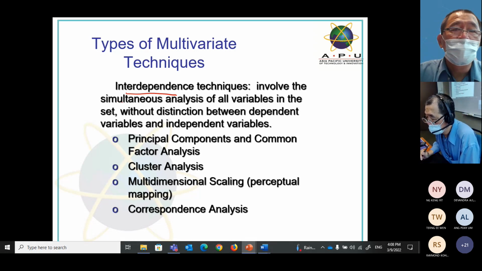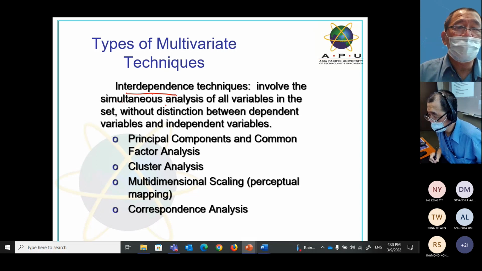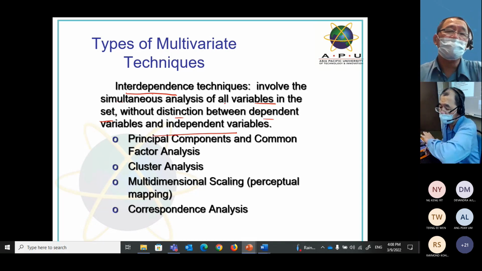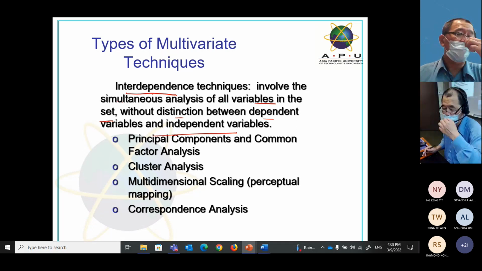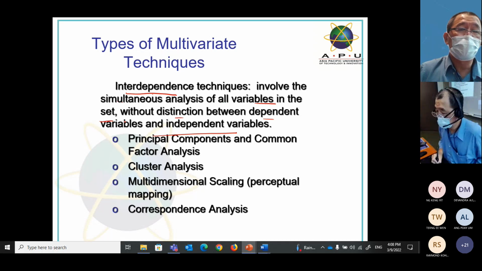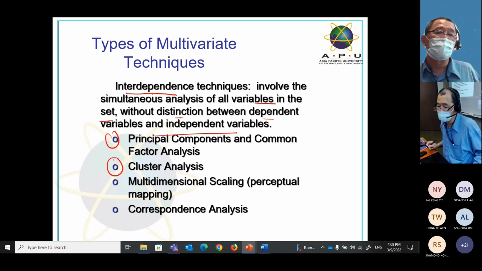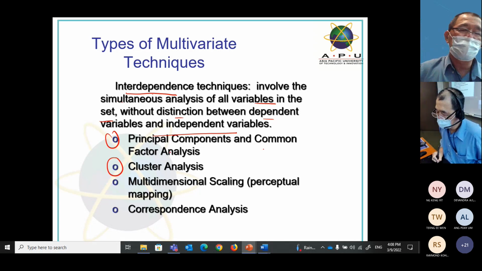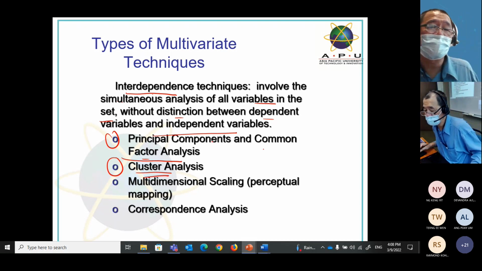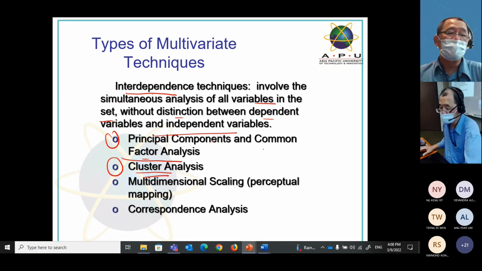We simultaneously analyze all the variables in the set without distinction between dependent and independent, meaning all the variables are at the same level. You will see two: actually it's only factor analysis, FA, and also CA. CA means cluster analysis.